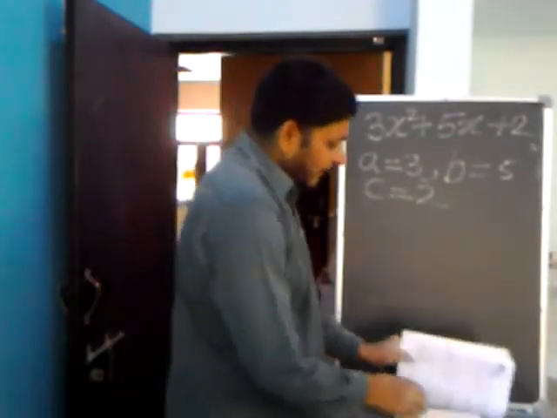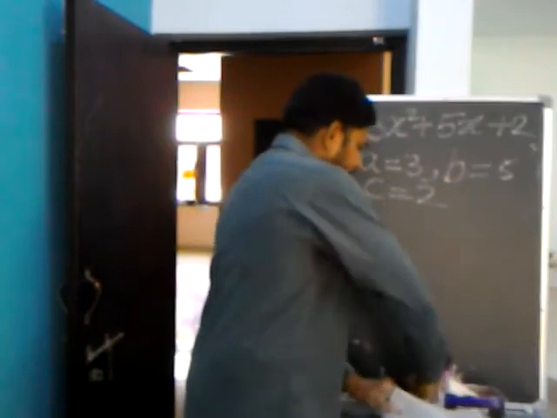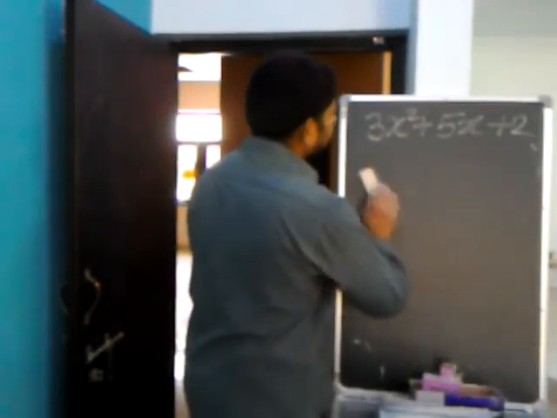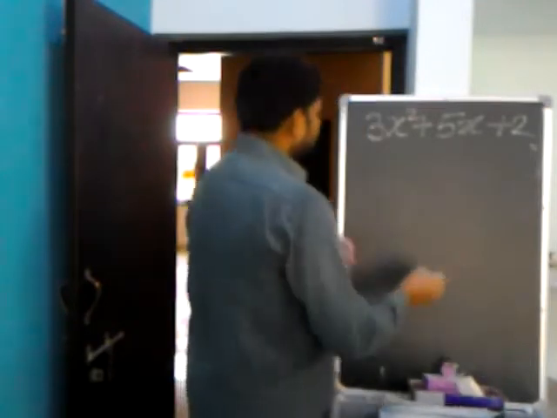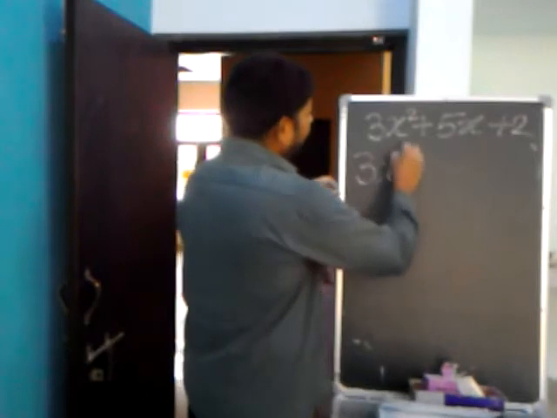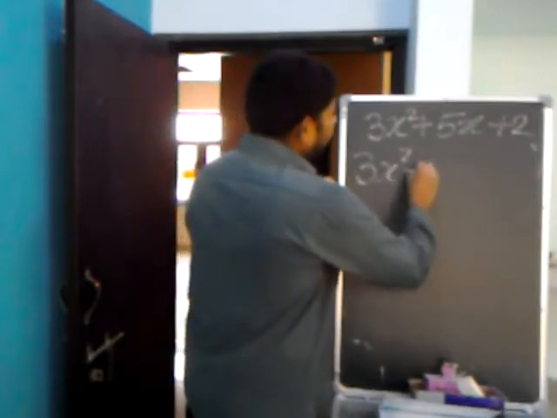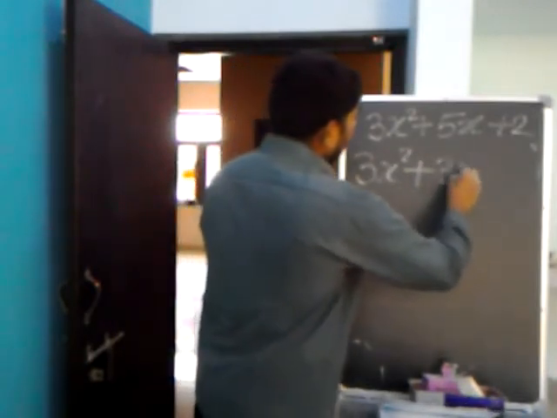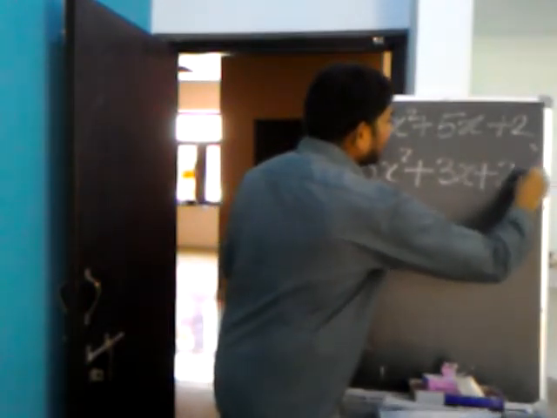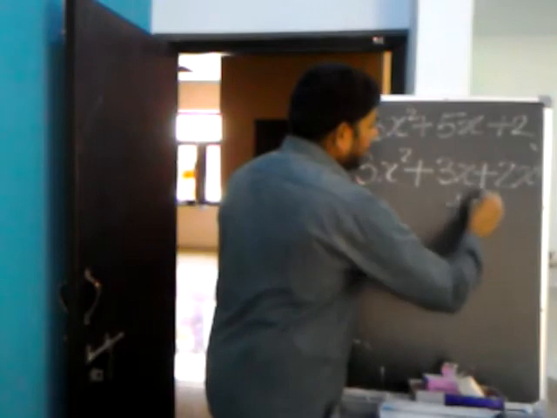So I start solving it. 3x square plus 3x plus 2x plus 2.